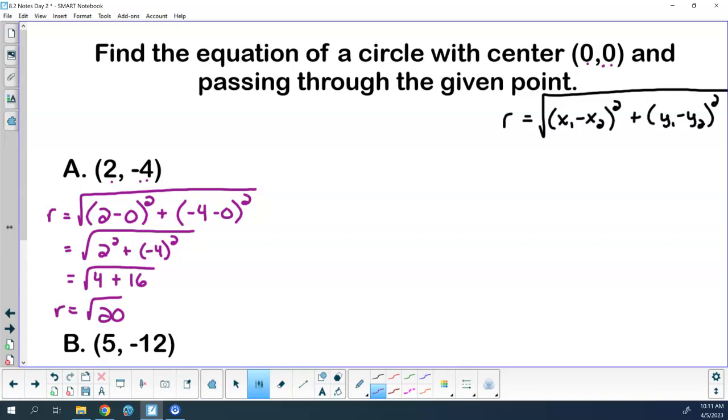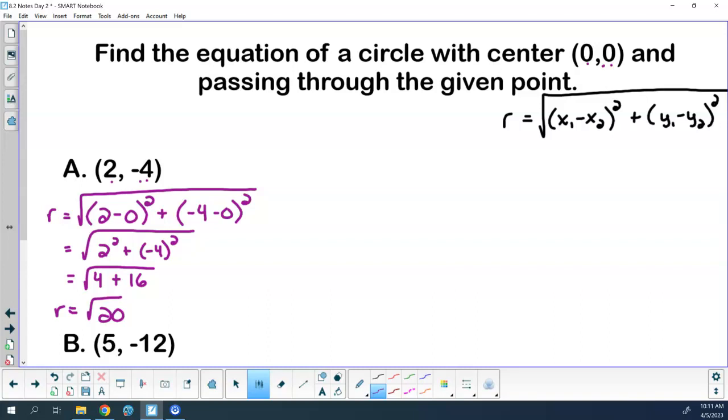Now, if I was specifically asking for what the radius of this circle was, you would have to simplify. If I'm asking for the equation, don't simplify it, because what are you going to do with that radius to put it into the equation? You're going to square it.